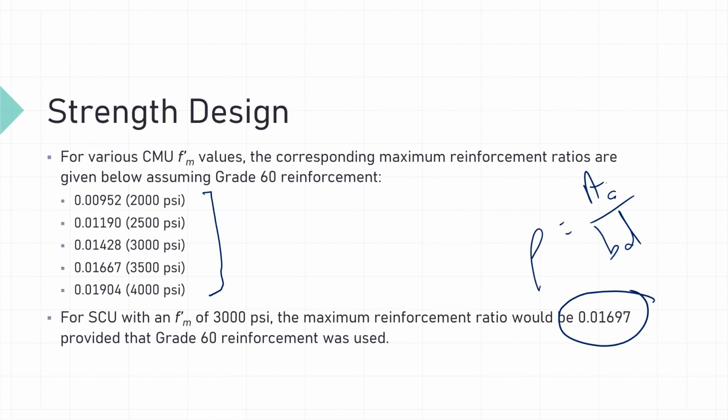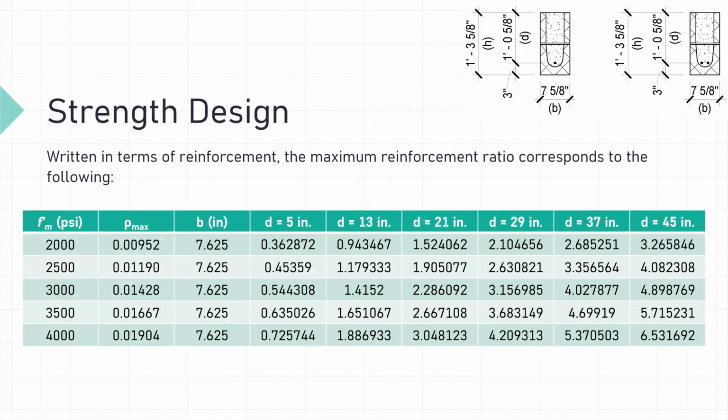And so I have a table on the next page with what this kind of equates to in terms of reinforcement. This would assume a closed bottom lintel unit or a U-shaped unit. And again, the lowest we can get that reinforcement usually is 3 inches from the centroid of our reinforcement to the bottom of that unit. So I took d minus 3 inches for these calculations below.